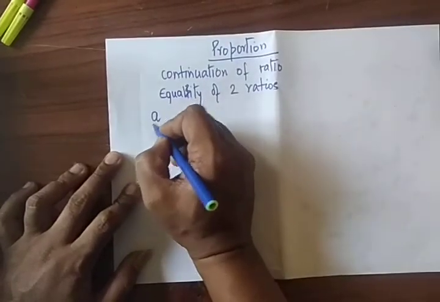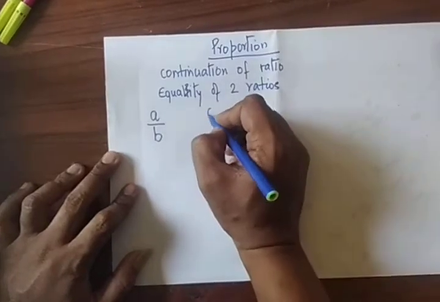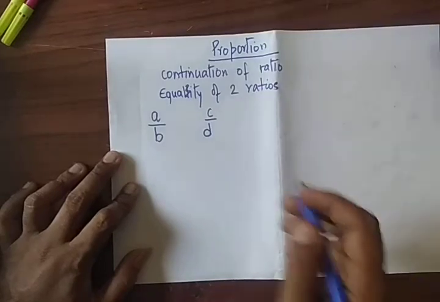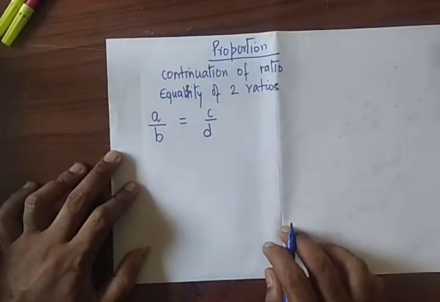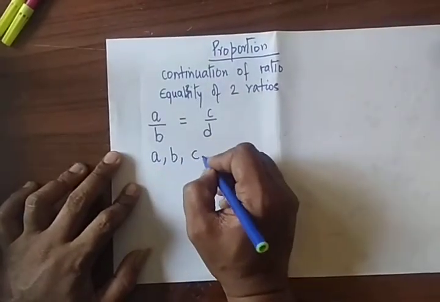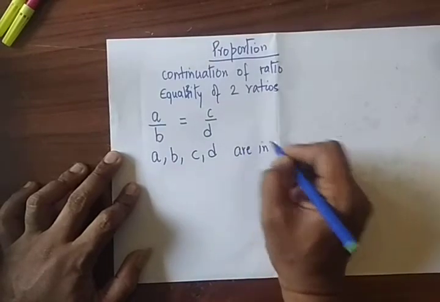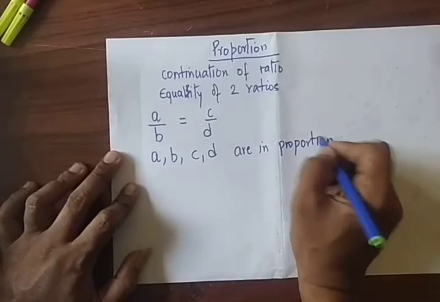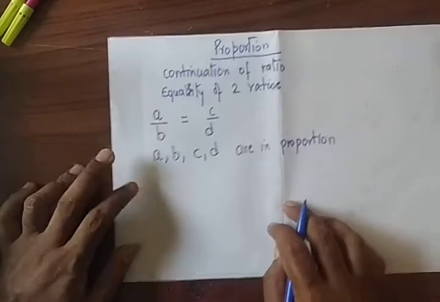For example, if you have A upon B as one ratio and C upon D as another ratio, and A upon B is equal to C upon D, then we can say A, B, C, D are in proportion.